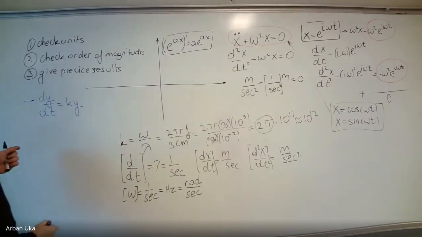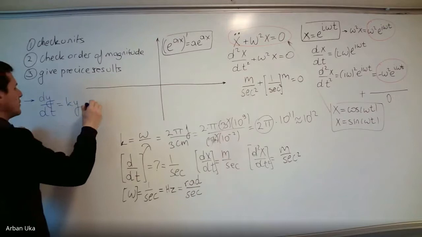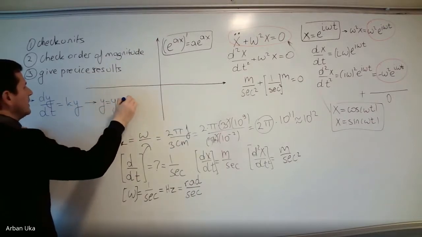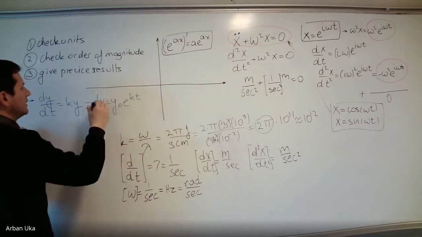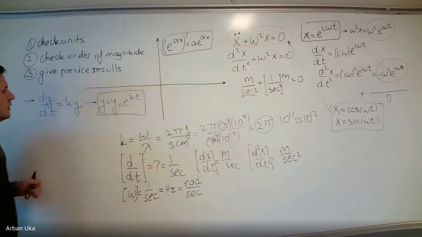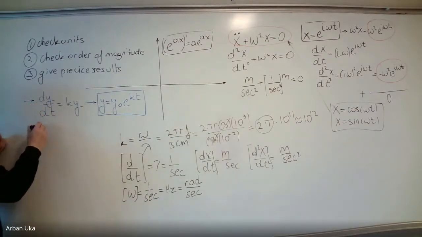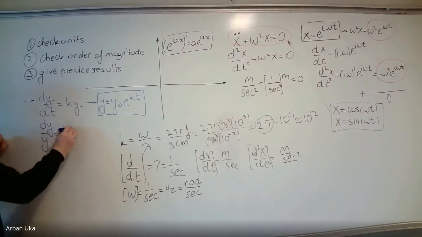And to solve this one, the solution of this differential equation is the following: y is equal to y0 e to the power kt. Okay? We can derive this one. How do we do it? We can write it like this, dy over y is k dt.